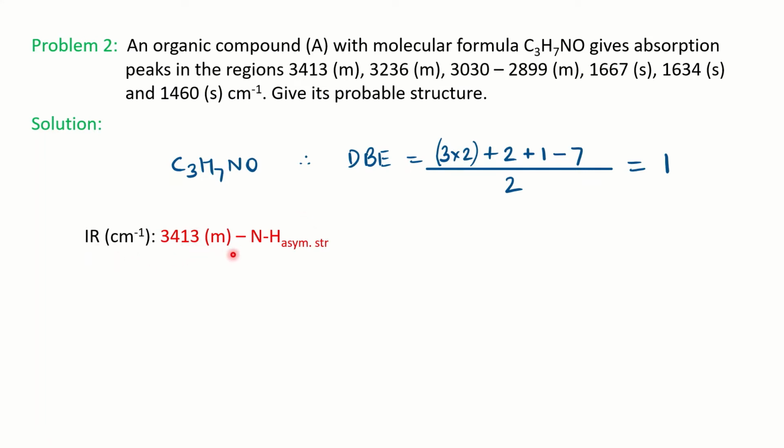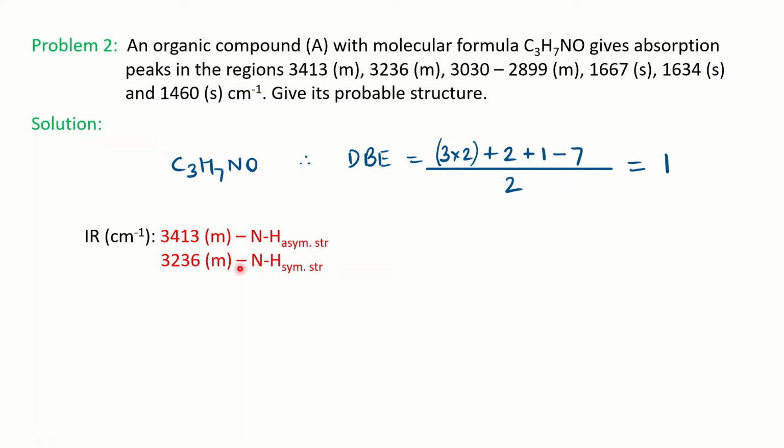3413. If you get any peak in this range, we can assume it might be either an OH group or an NH group. But you can see here two peaks are given in this range, 3400 to 3200. That says you have an NH2 group present here, a primary NH2 group. One is for asymmetrical stretching, the other is for symmetrical stretching, because of the coupled vibration of the NH2.